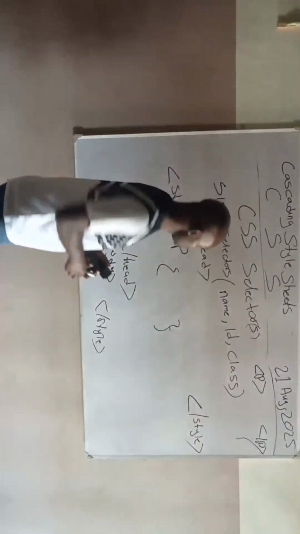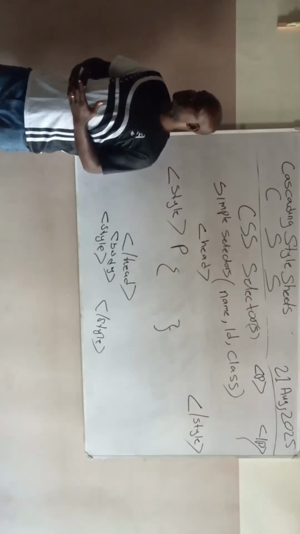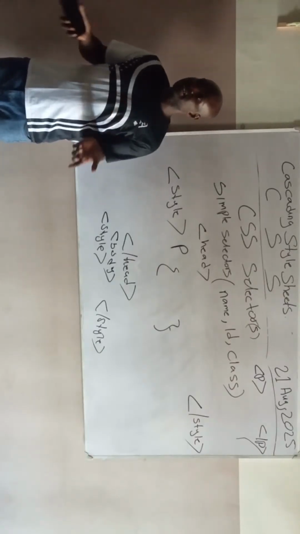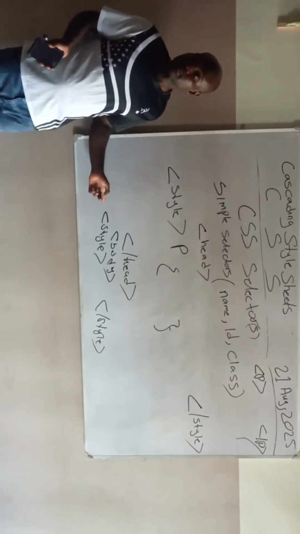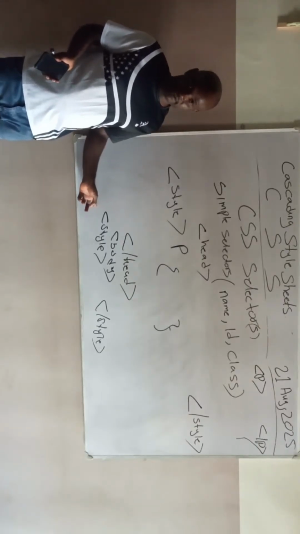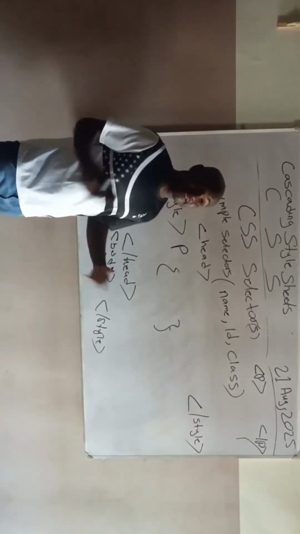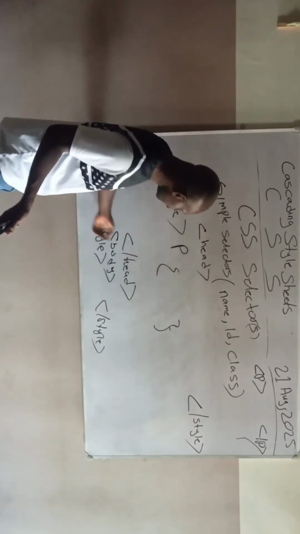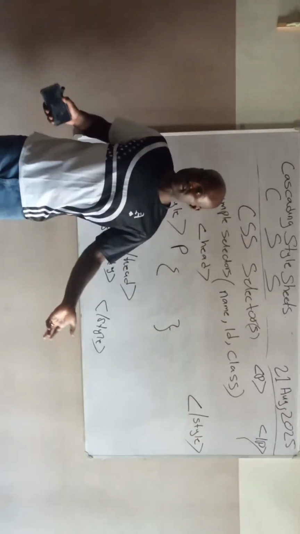Let's continue. Since we're doing CSS, any code I'm writing in CSS, I have to write inside the style element, right? Up here. You can't just start writing it inside the body. HTML will read it as normal content.